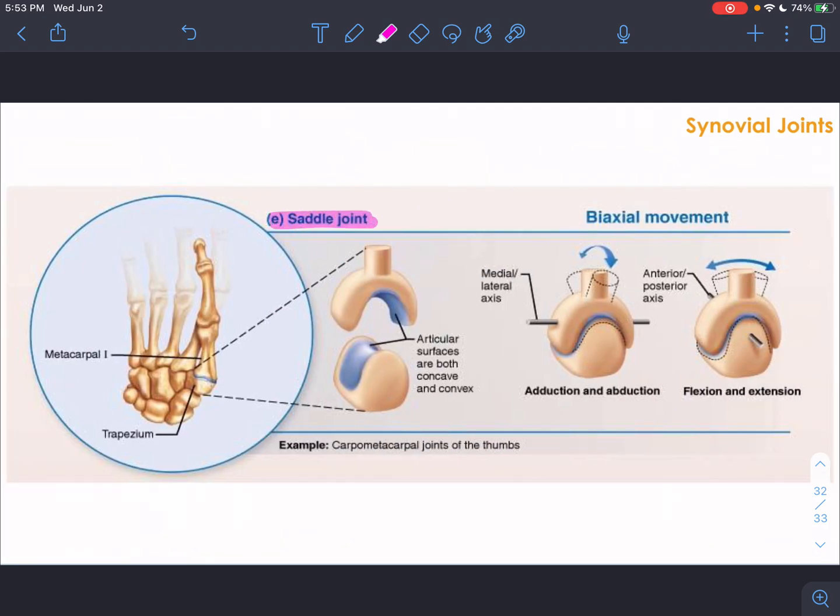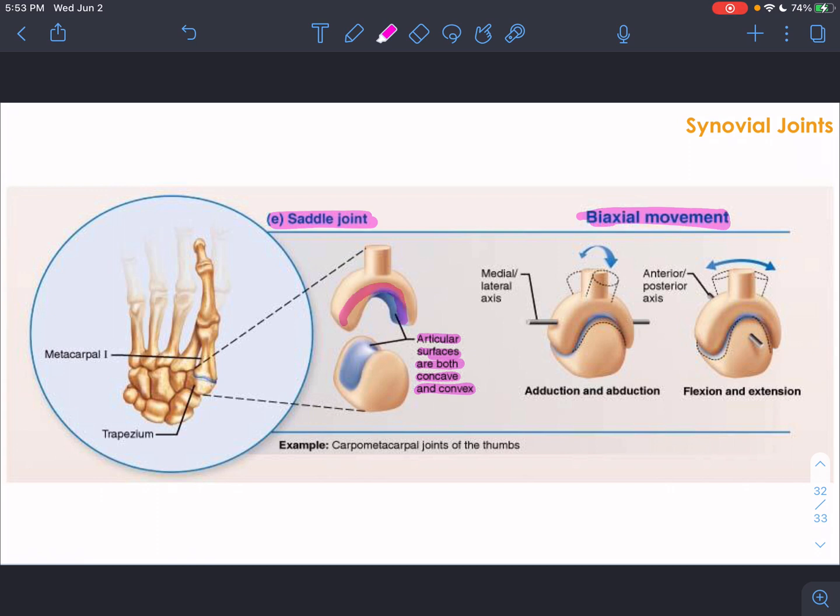Next we have a saddle joint, which also allows biaxial movement. So again, movement in two planes. The articular surfaces are going to be both concave and convex.